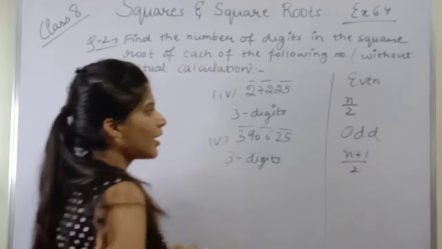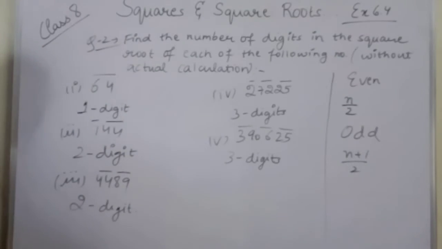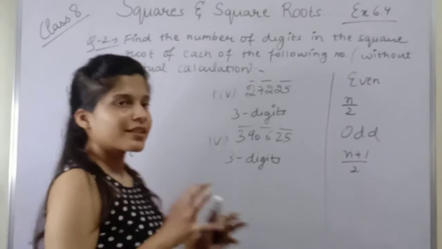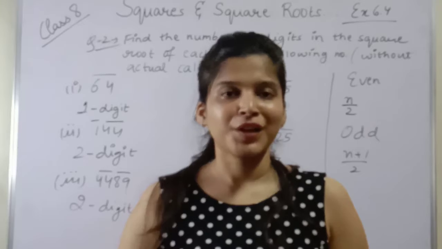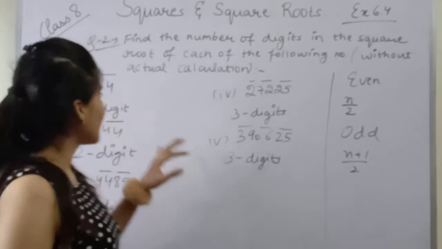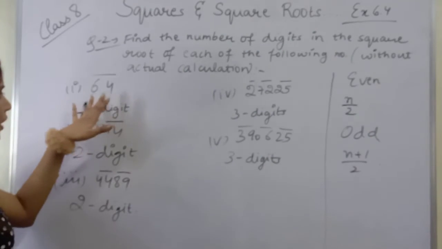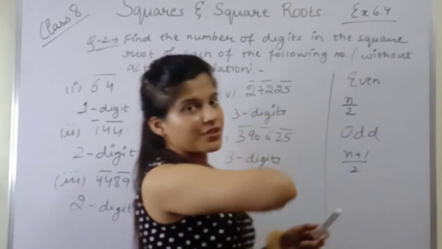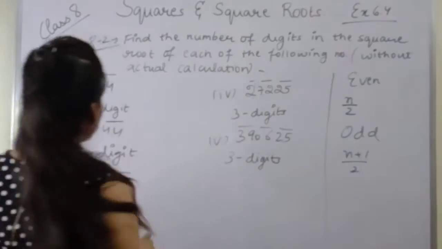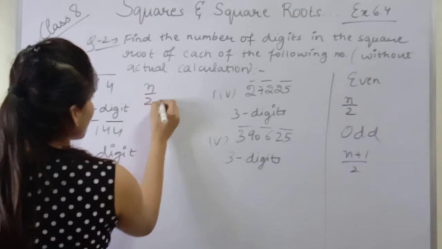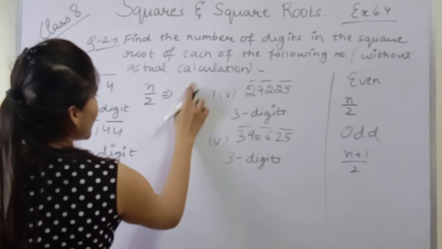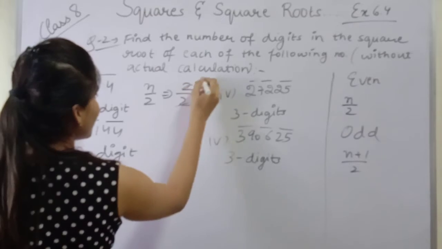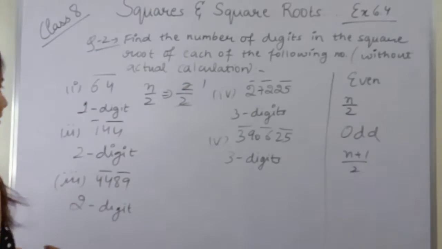Okay, let's see how. The first part is 64. Now 64 is a number. Now how many digits are there in this number? 2. 1, 2. So it means the digit count is even in this number. 2 is an even number, right? So we will do n by 2, which means we will do 2 by 2. So 2 by 2 is 1. So 1 digit.